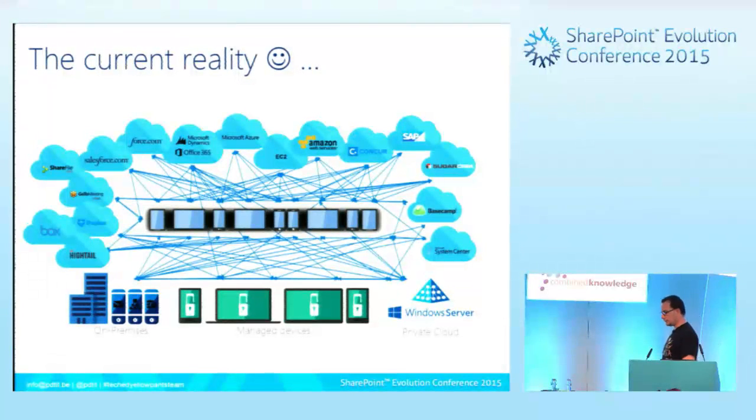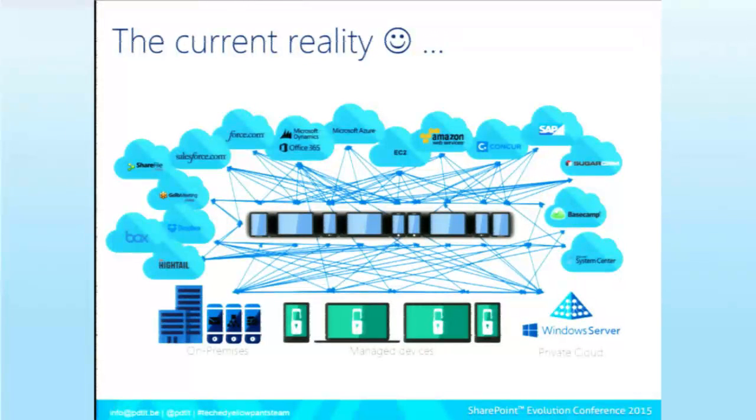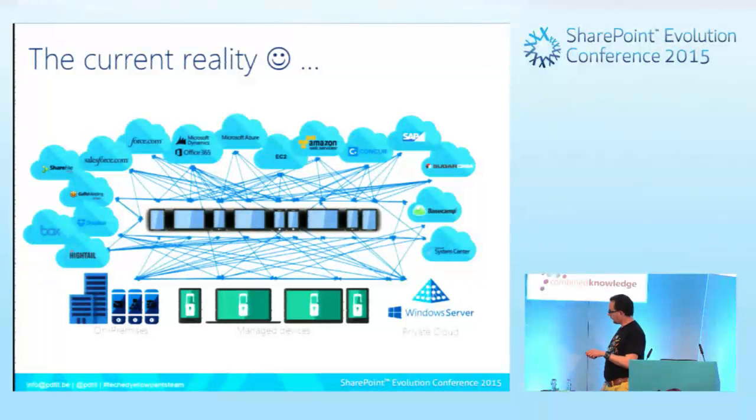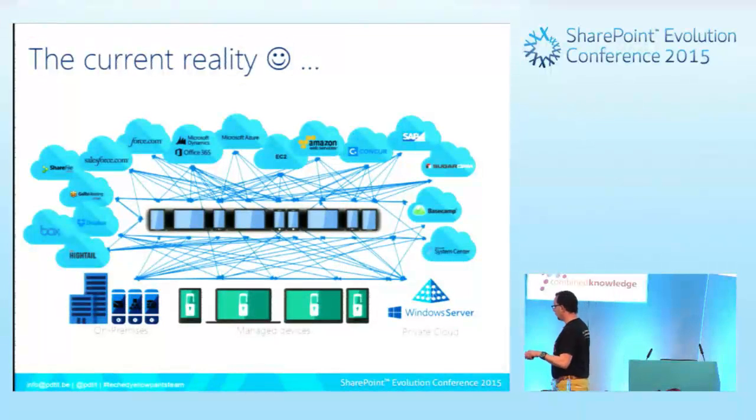This is how an environment, an organization, can be a college, can be a corporate organization. This is how the user environment looks like. What do we have? We have on-premise stuff. Our servers, being Exchange, SharePoint, accounting applications, I don't care. We have our managed devices.